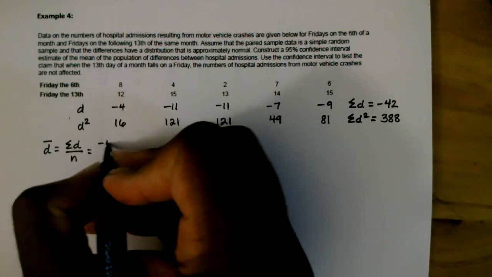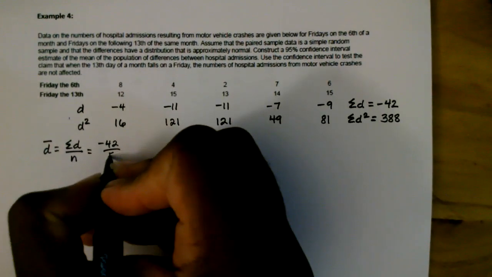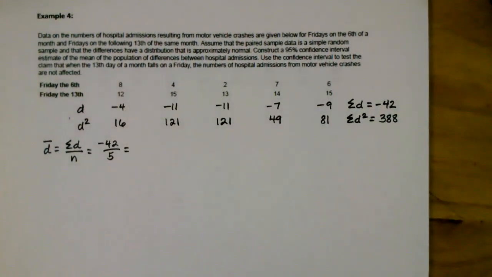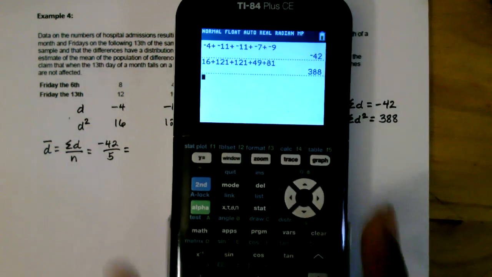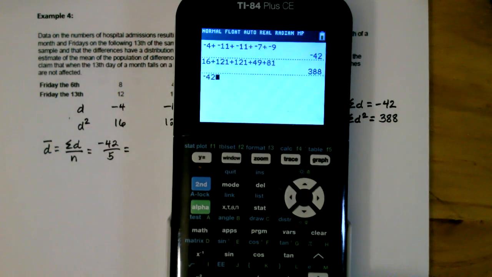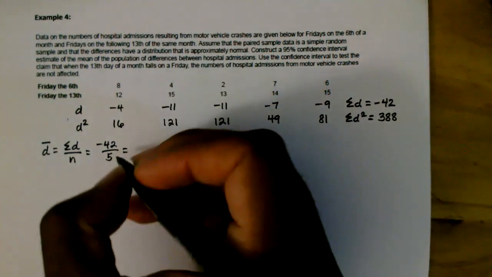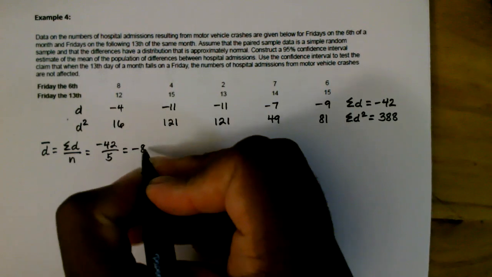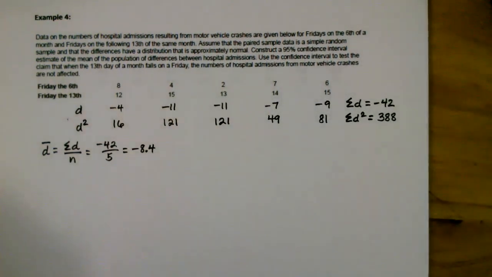So if I do negative 42 divided by 5, I'll show you this on the calculator. Negative 42 divided by 5, that would be negative 8.4. So the mean of our differences is negative 8.4.